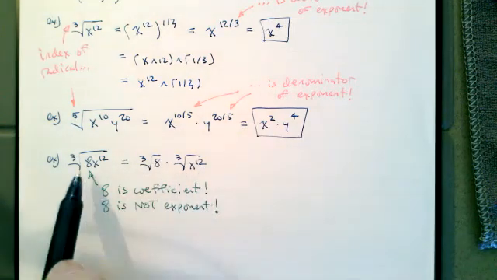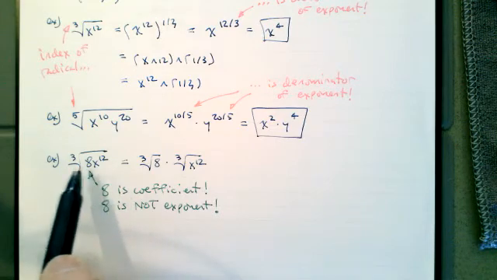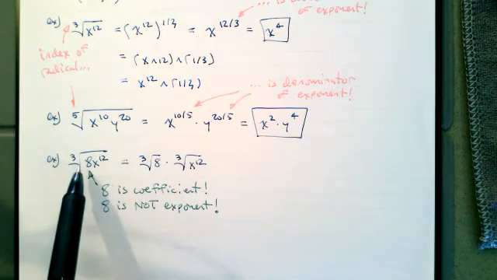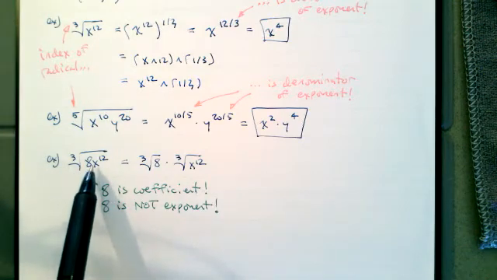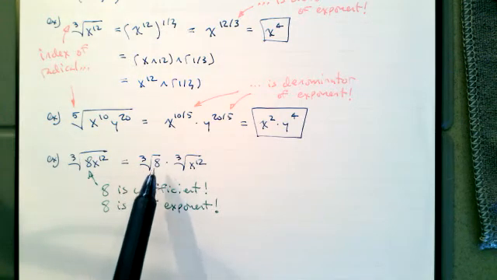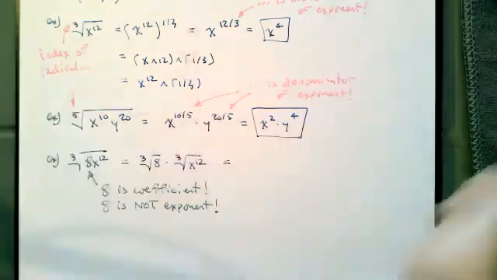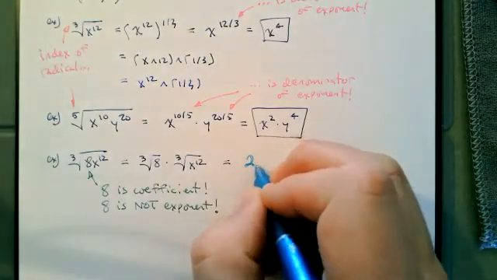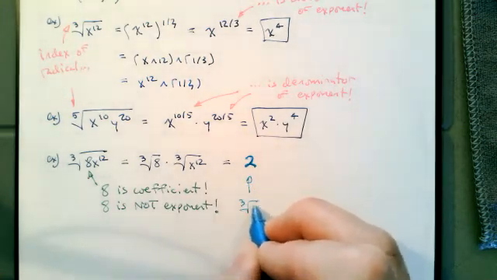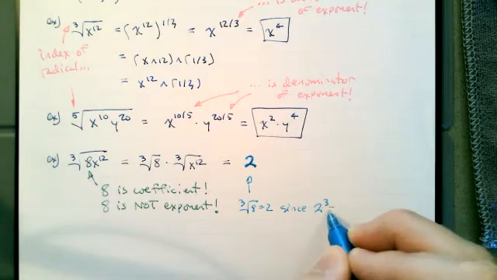Now, the reason I can do this is that a radical is an exponent. 8 times x to the 12th is a product, and exponents distribute over multiplication. The cube root of 8 is 2, not 8/3, because 8 is a coefficient and not an exponent. The cube root of 8 is 2 because 2 to the 3rd is 8.